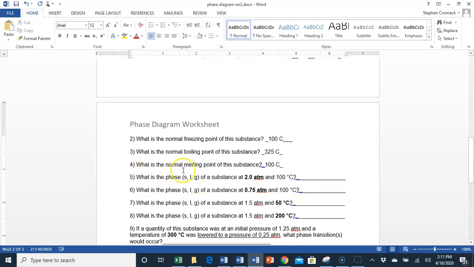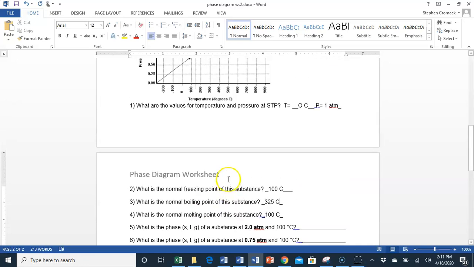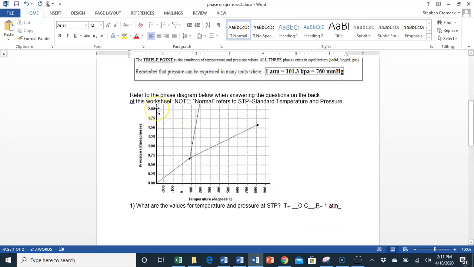So we want to know what phase, solid, liquid, or gas, is a substance at 2 atmospheres and 100 degrees Celsius. So let's go to 2 atmospheres up here. 100 degrees Celsius. So that's going to put us right about here in this range. So that means we are solid, because it goes solid, liquid, and gas from left to right.